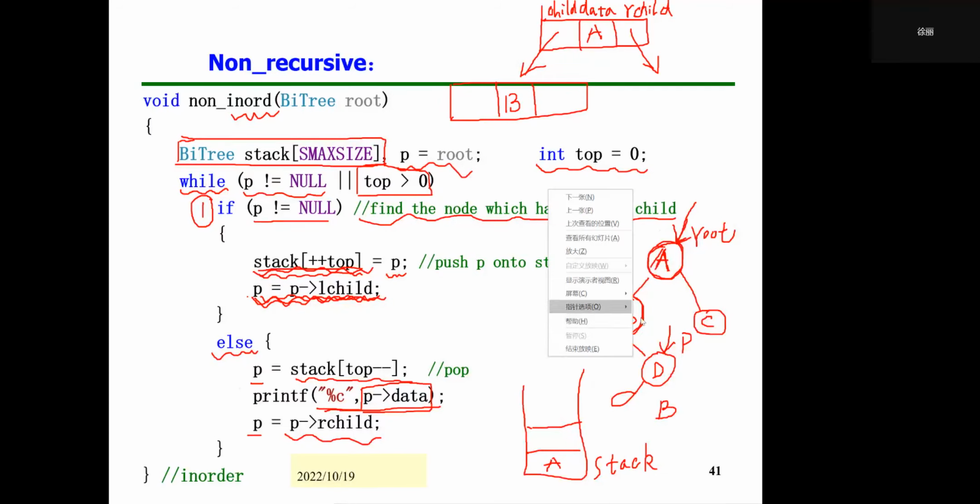Then we will visit D, right? And then we will go right. Of course, the right of D is null too. So else, we'll pop A.